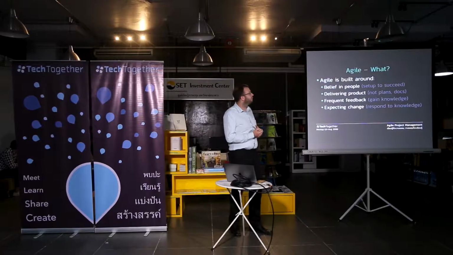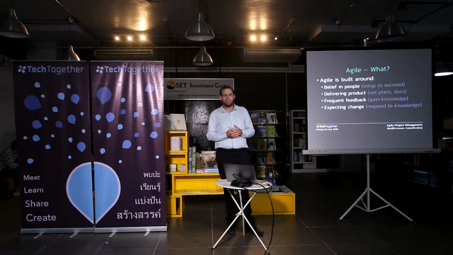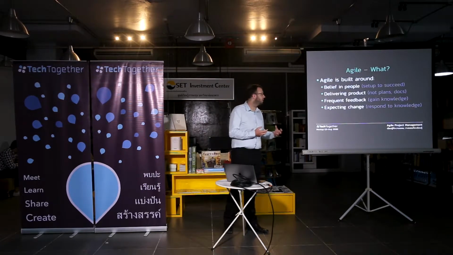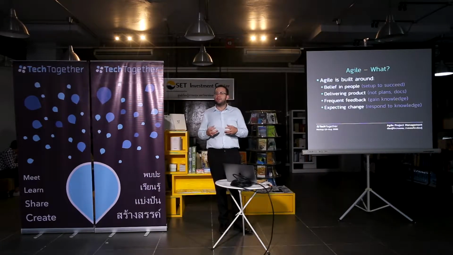This is loosely related to the foundation of Agile. Agile was originally based on a manifesto, which in turn was based on the experience of many practitioners, project managers. But the idea they came in with is people are more important than processes. So you need to put faith in your people, you need to give them the chance to succeed.